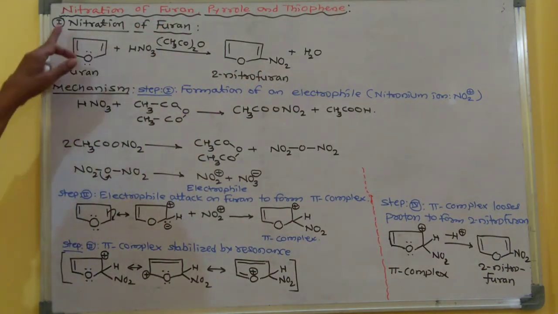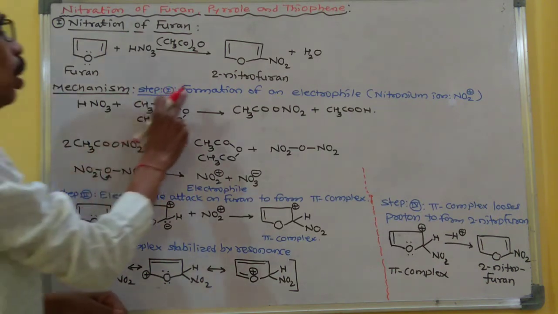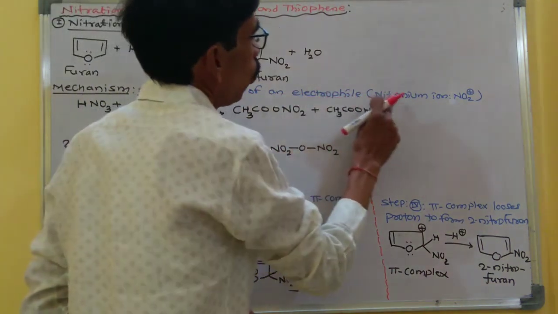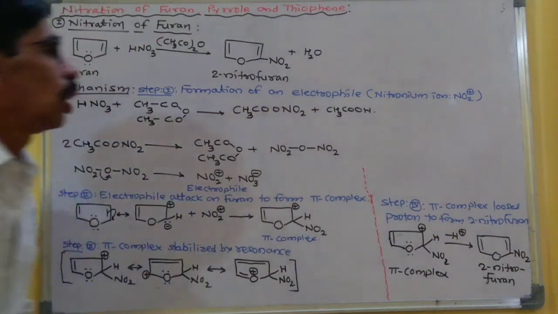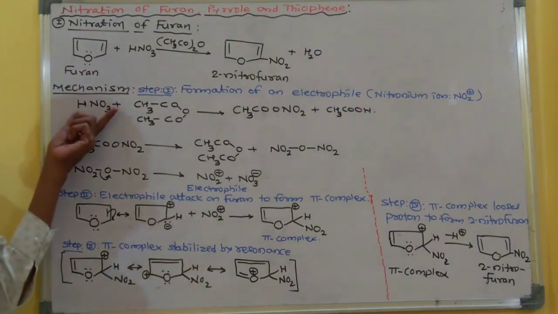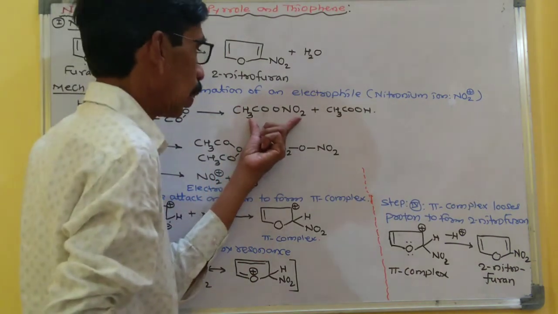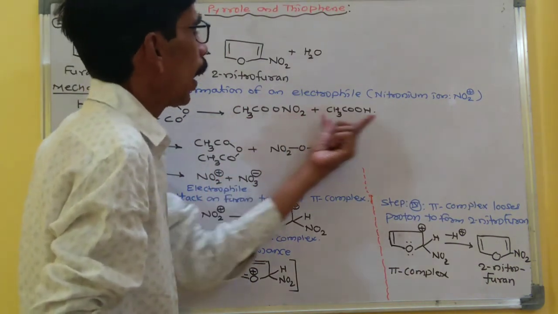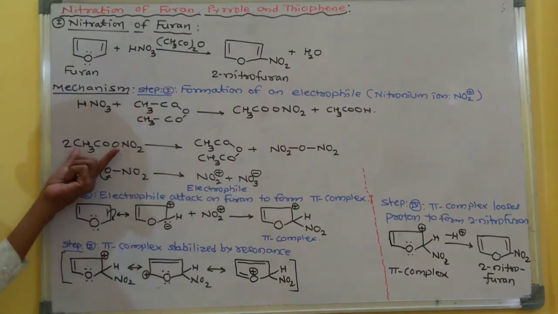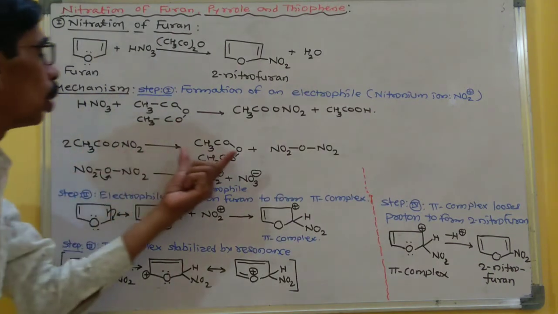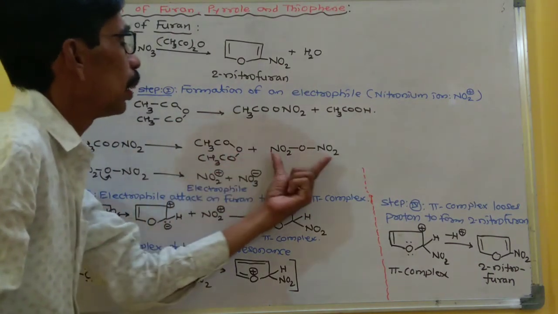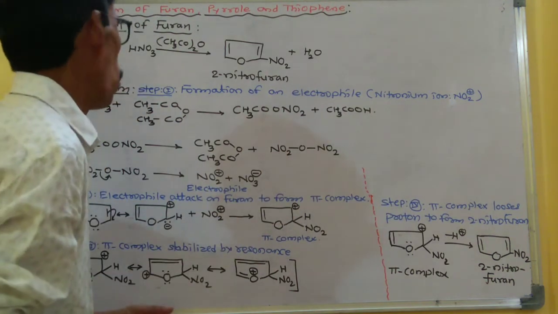Now the mechanism for this nitration of furan. The first step is the formation of an electrophile, that is the nitronium ion NO2+. When nitric acid reacts with acetic anhydride, it gives acetyl nitrate and acetic acid. When two molecules of this acetyl nitrate combine, it gives again acetic anhydride and the NO2-O-NO2 product.